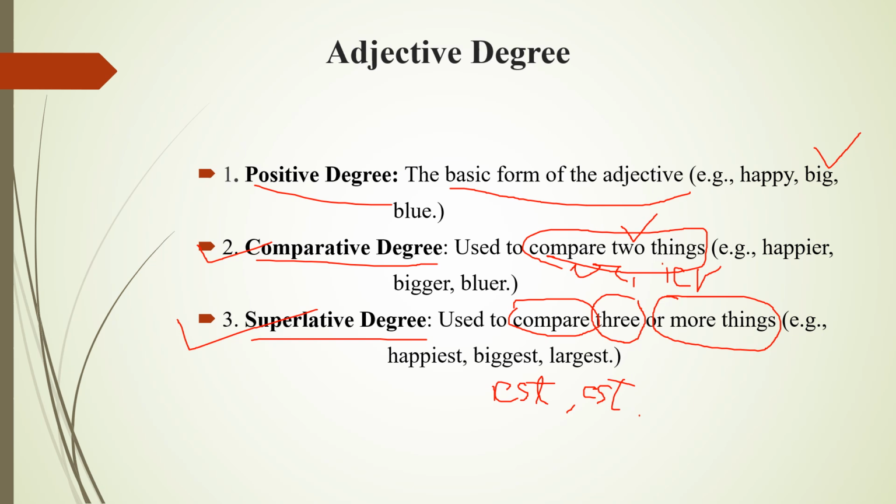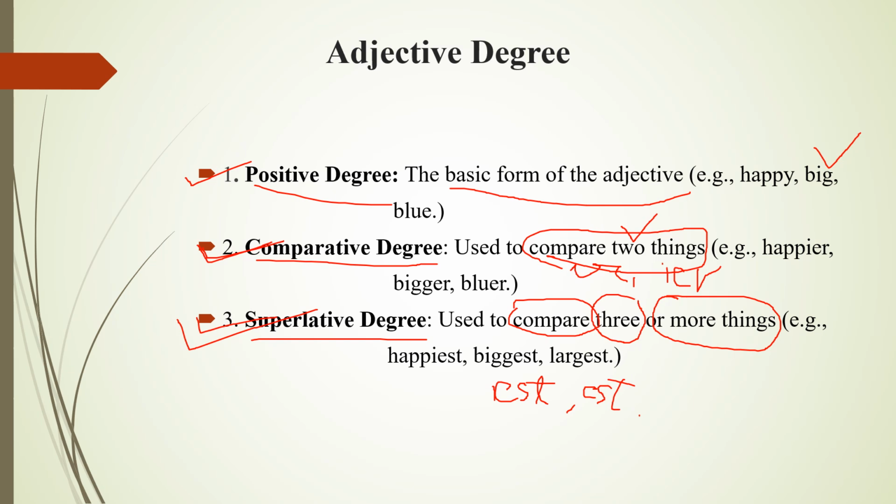Right? So in this manner, we have seen that adjective degrees are three in number. We have positive degree, comparative degree, and superlative degree. The positive degree is the basic form of adjective, the first form, where there is no comparison. It talks about one person. Comparative degree is where the comparison is between two, comparing two persons or things.